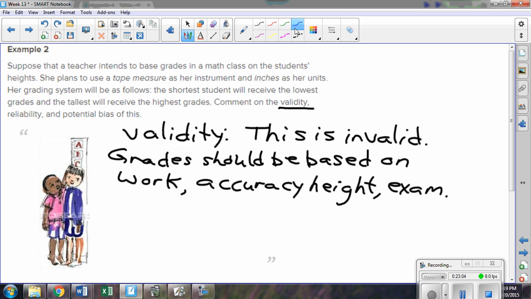Okay, so let's continue further. Reliability. Could we accurately trust that this is going to be consistent? Would we have consistency in measuring? Yeah, this actually is reliable.